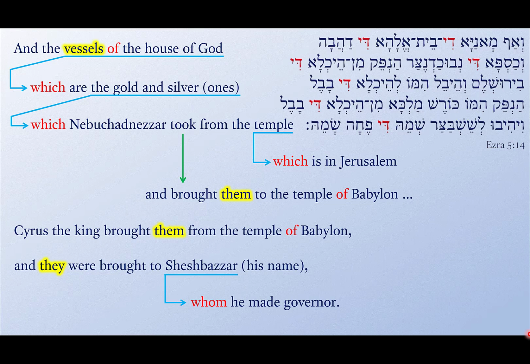And I hope that this has been helpful from the standpoint of seeing that there are times when D contextually needs to be a relative clause because it's providing more information, for instance, about some noun concept. Who is Sheshbazzar? Well, he's the one whom Cyrus had made governor. Which vessels are they? Well, they're the gold and silver ones, and so forth. Which temple?